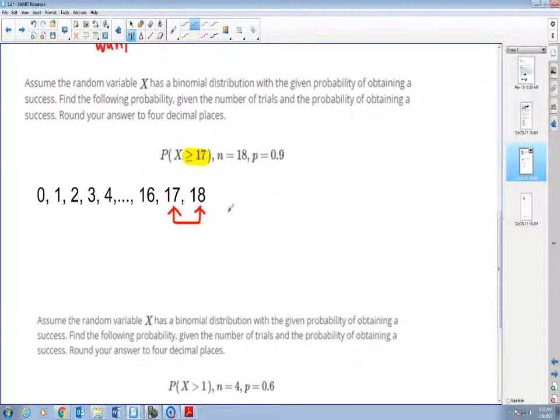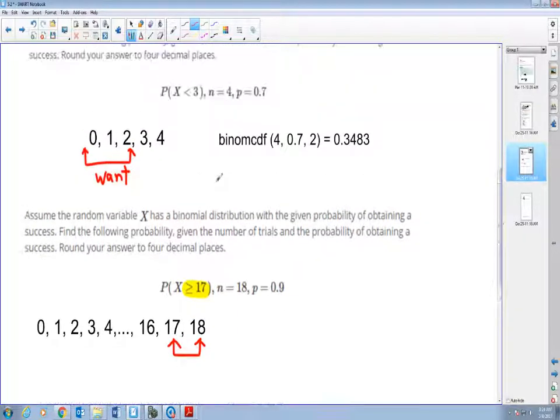So the problem does not use an equal sign or the word exactly, so I cannot use PDF. I got to use CDF. But here's the thing about CDF. CDF, cumulative density function, is adding up probabilities from the beginning, which is from 0 all the way up.